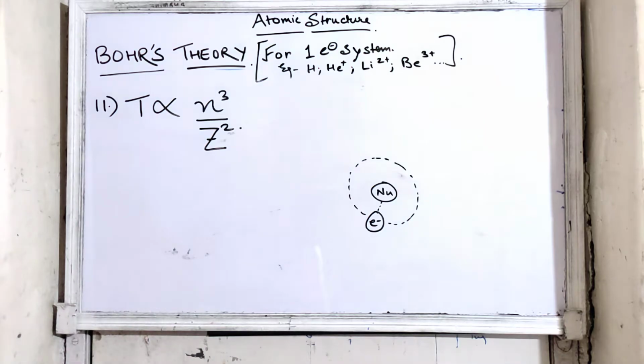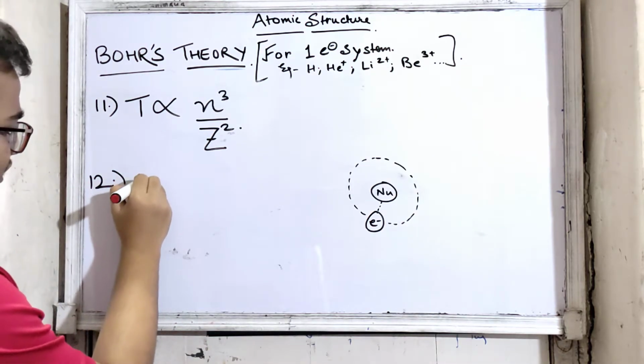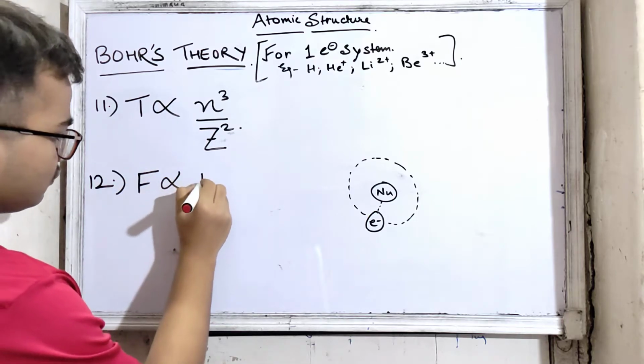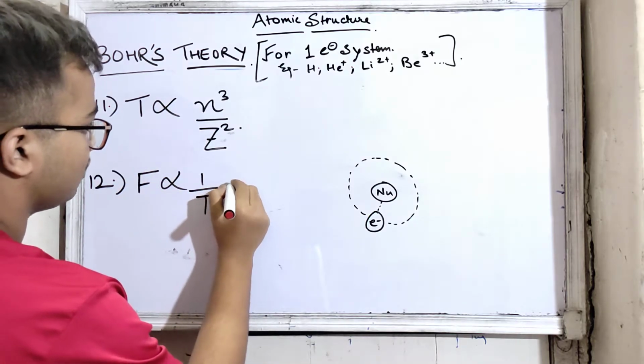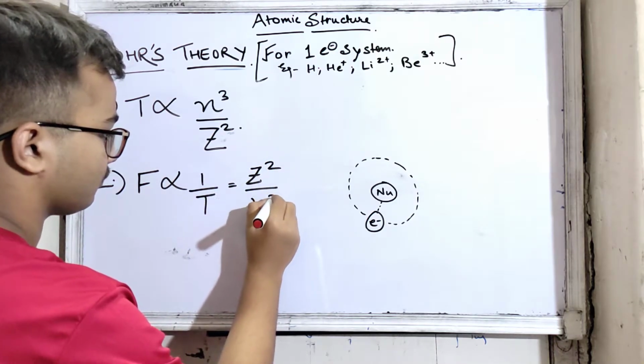Now what is frequency? You have to remember that frequency is equal to 1 by time period, equal to Z square by n cube.